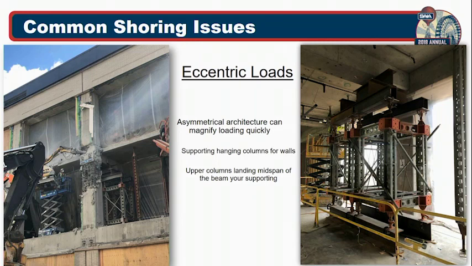So what that did is it turned our 4th floor shoring into not only supporting the tributary width of that 4th floor beam it was picking up, but also supporting that 4 foot by 4 foot column that weighed approximately 30,000 pounds just hanging off the end of that beam. So that turned our approximately 100,000 pound load into like a 250,000 pound load instantly.